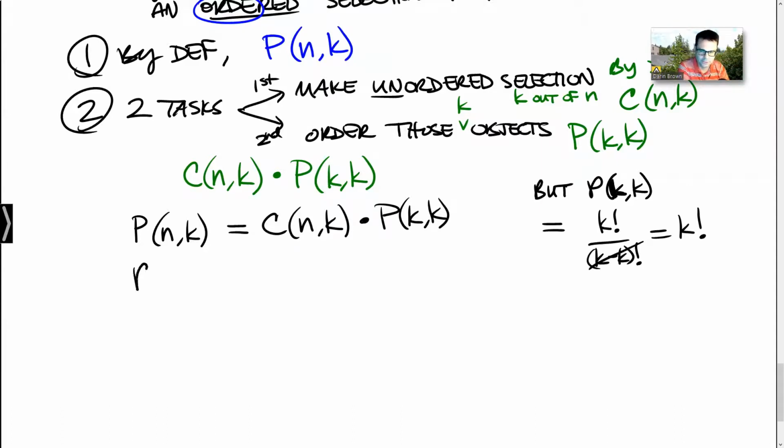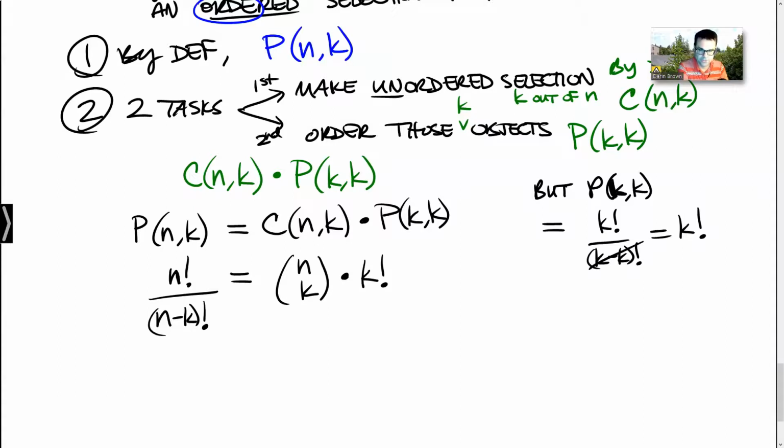So another way to write this equation is, the number of permutations is n choose k times k factorial. But we already have a formula for n permute k. We saw that we could write that as n factorial over n minus k factorial.